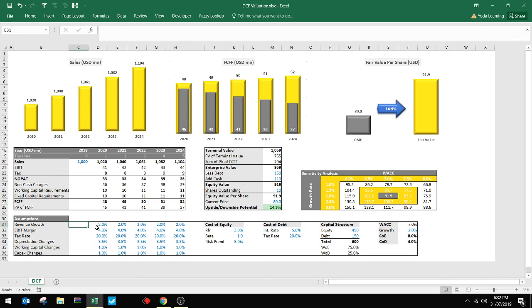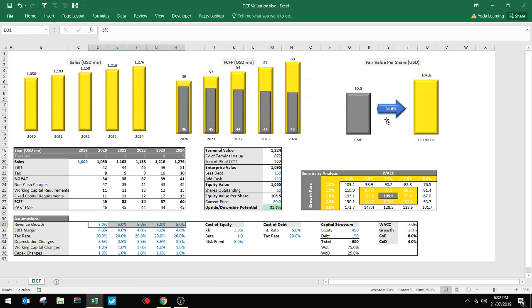So if he feels that these assumptions are slightly too modest and he wants to be more aggressive, he can do that very easily. The revenue growth currently is 2% for every year. He can change it to 5 and he can see that the potential of the stock has gone from 14% to 32%. Likewise, he can make so many corrections as per his understanding and his knowledge of that particular company and project.